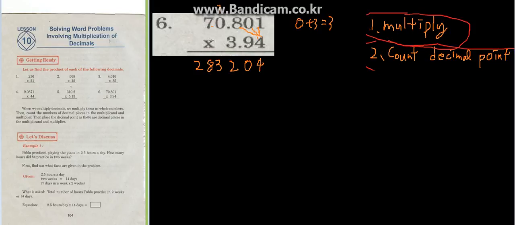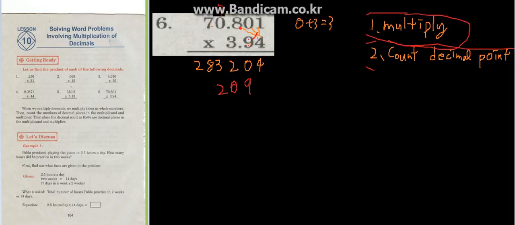Now let's go to the next number, 9. I'm going to change my pen color to red this time. 1 multiplied by 9 is 9, and 0 multiplied by 9 is 0. 8 multiplied by 9 is 72, so we write down 7 up here and 2 down here.